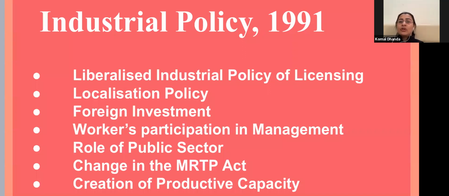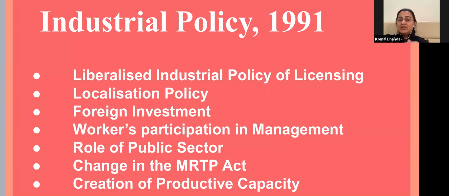Then the second was the localization policy. It was said that for industries situated in cities where the population is less than 1 million, industrial permission from the government is not required.